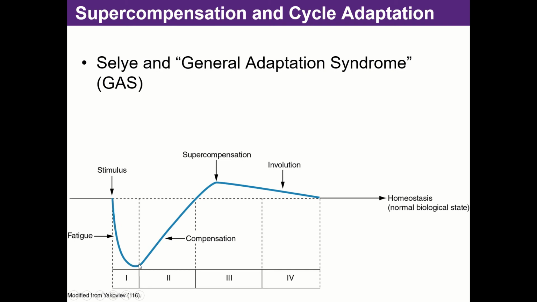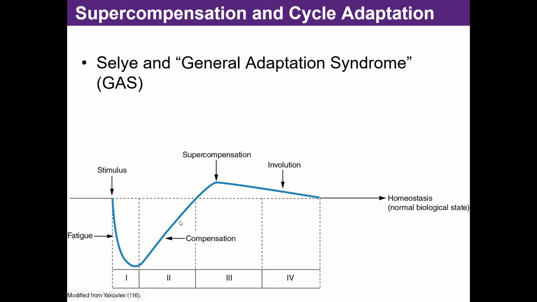But over the course of the next several days, we're going to repair the damage. So if there was any structural damage to the muscle cell, we're going to rebuild it. Potentially, we're going to start working on adding some new contractile proteins, more actin, more myosin, laying down some more collagen, those kinds of things. And so then that is compensation in response to that stimulus.